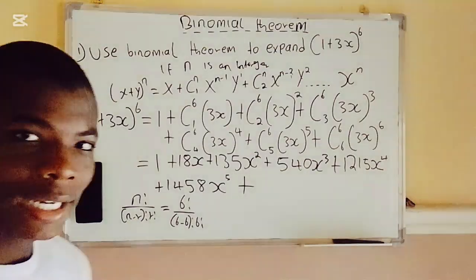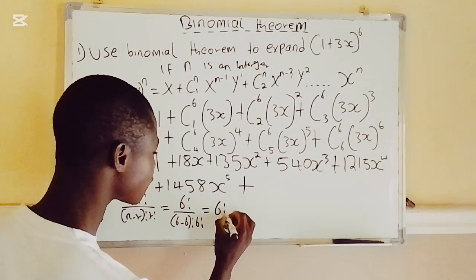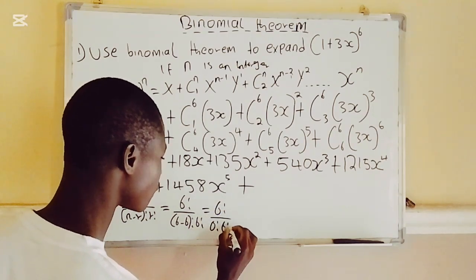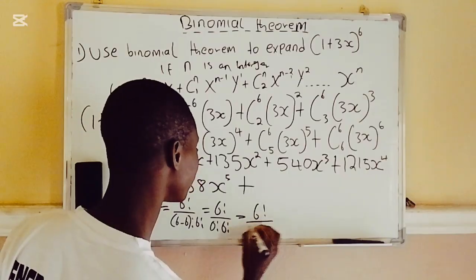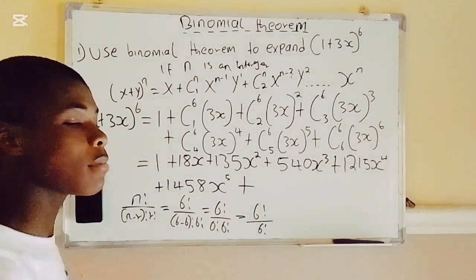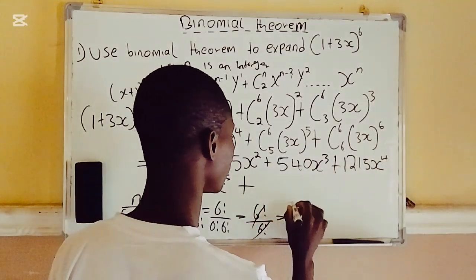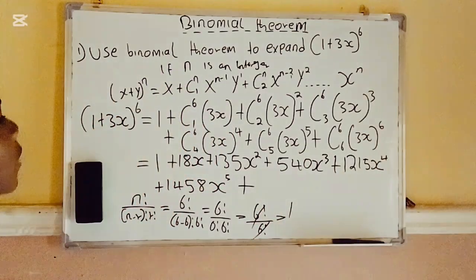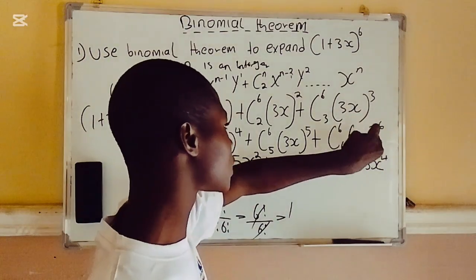Because the values of n and r are the same, 6 minus 6 gives me 0. So 6 factorial divided by 0 factorial of 6 factorial. 0 factorial is 1, so 6 factorial divided by 1 times 6 factorial, which is the same as 6 factorial. 6 factorial cancels 6 factorial, and it will be equal to 1.